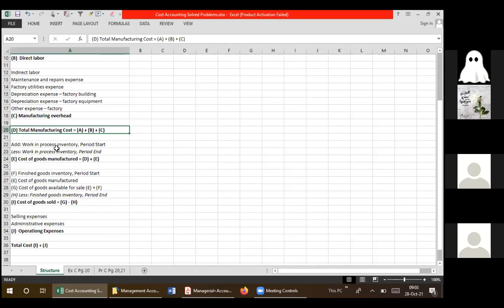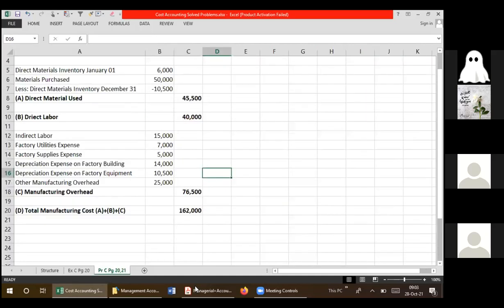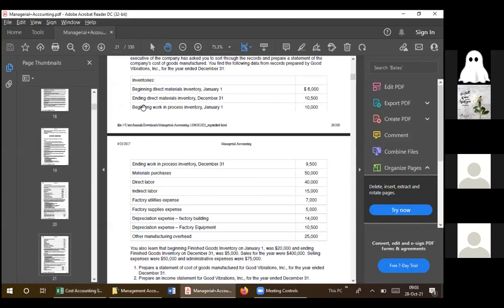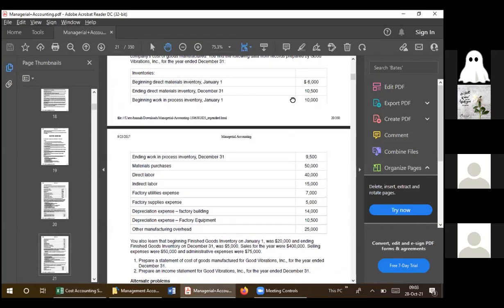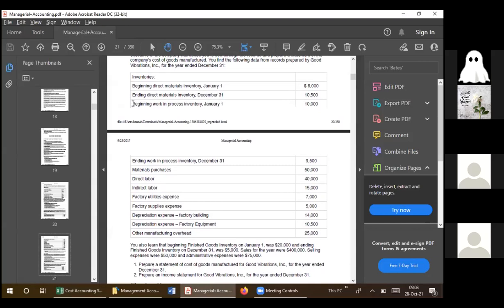Next is point E. Work in process inventory at period start less work in process inventory at period end. So work in process. We have both of them here. That is the beginning work in process here and ending work in process on December 31st. So beginning work in process on January 1st is 10,000.